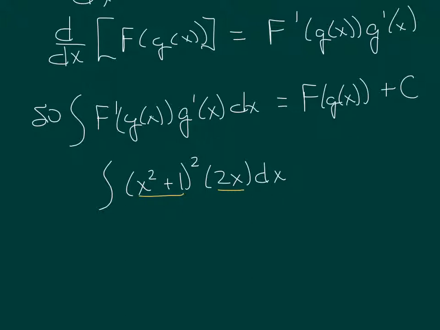That means that when I take the antiderivative, we can think about just using the power rule. We have g of x here, and this is g prime of x. So when we take the antiderivative, we're going to have g of x squared, which is (x squared plus 1) squared.